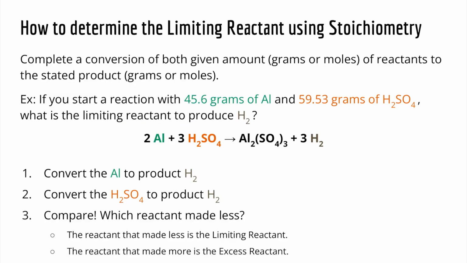What is the limiting reactant to produce that hydrogen? These two calculation problems were done in that warm-up question, and then we were able to just do that last step, which is to compare. Whatever reactant made less is limiting, whatever reactant made more of the specified product is excess.